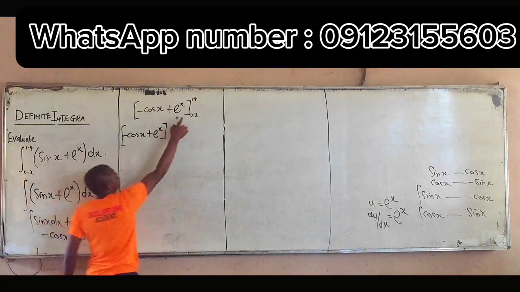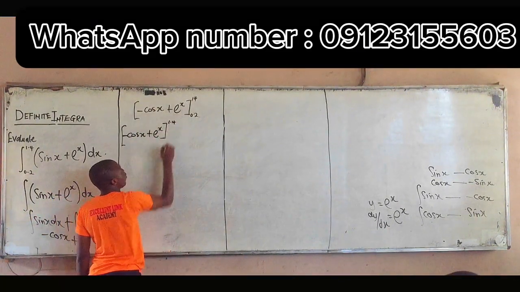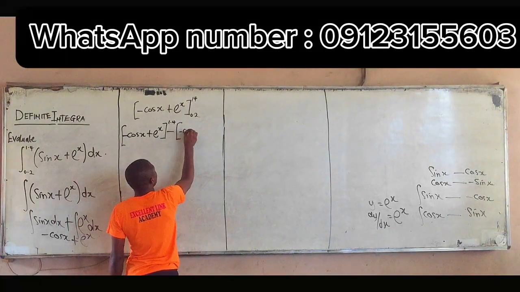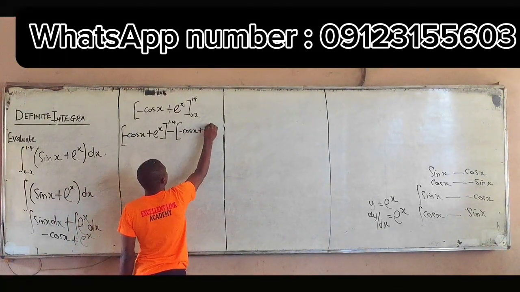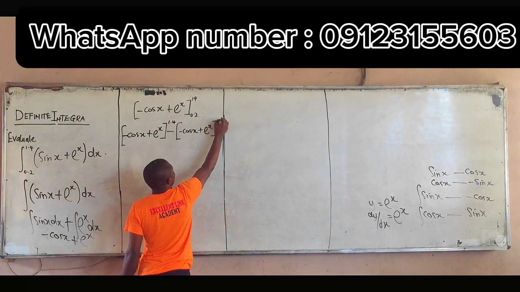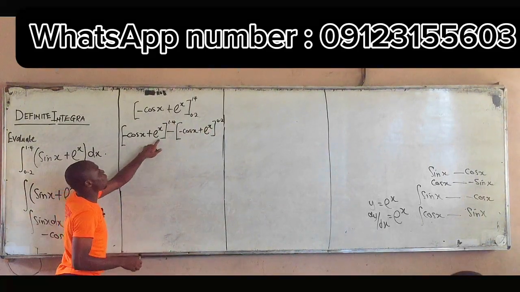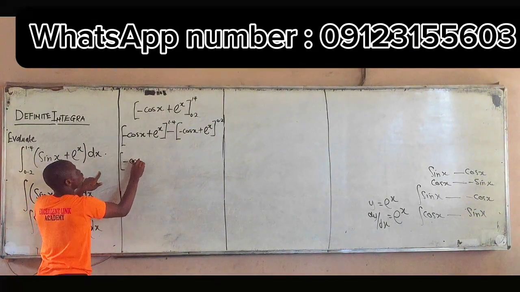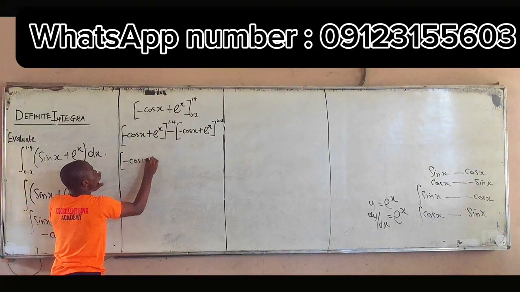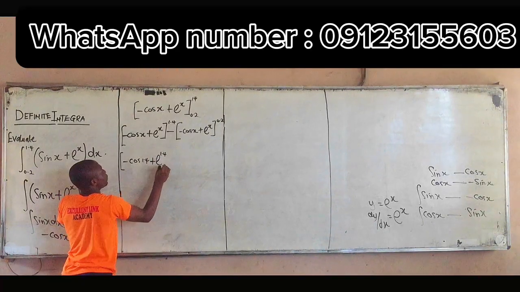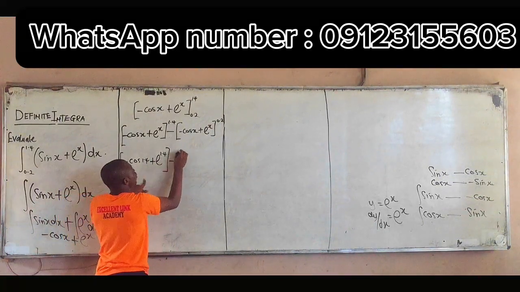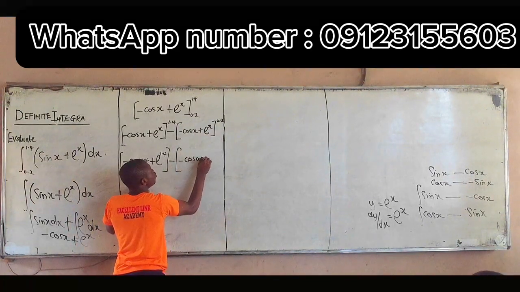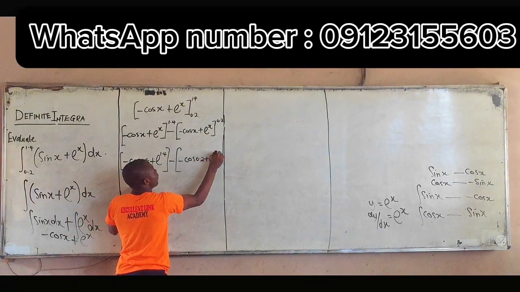Pick out the first limit, 1.4, minus the same thing, minus cos x plus exponential x, next 0.2. Anywhere I see x, I put 1.4. This means minus cos 1.4 plus exponential 1.4, minus, into minus cos 0.2 plus exponential 0.2.